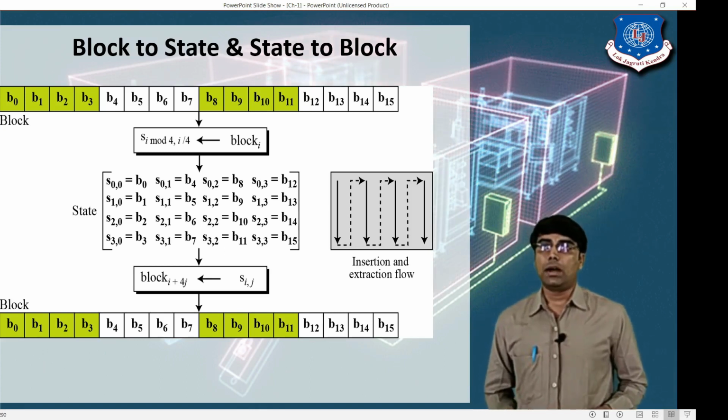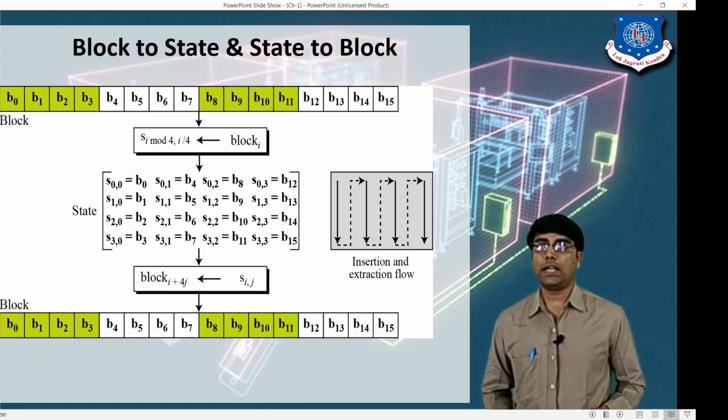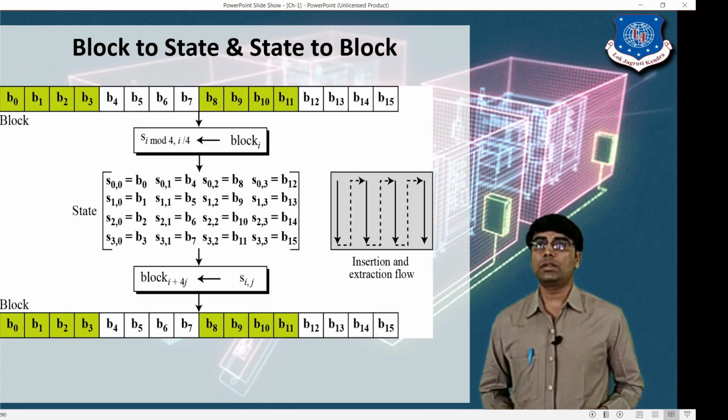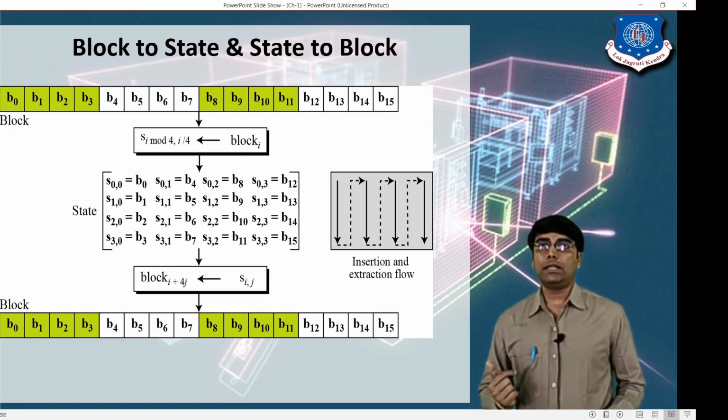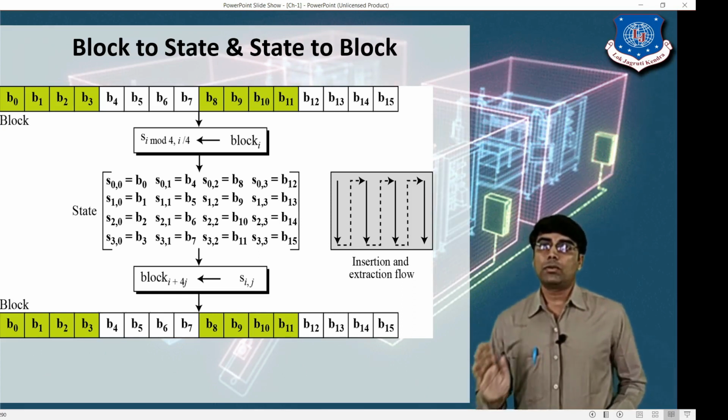Now here S of 0,0 and S of 0,1: S0,0 means the zeroth state, zeroth word. S1,0 means the first state, zeroth word. As I already discussed, in a key we input 4 words.